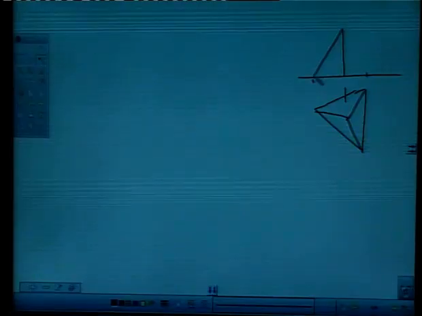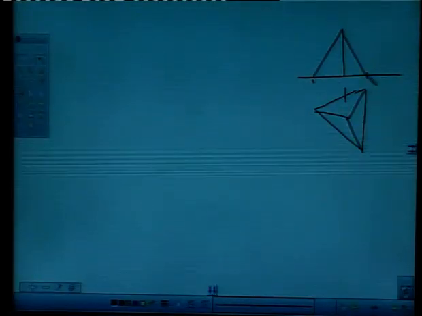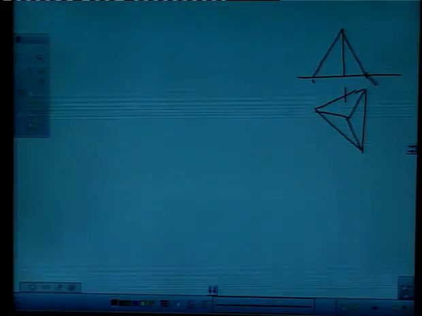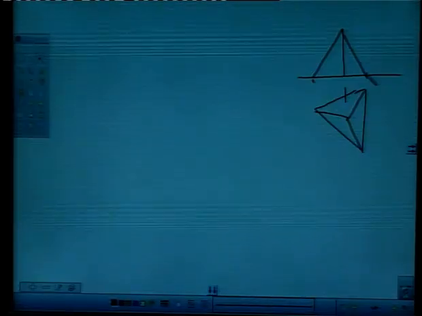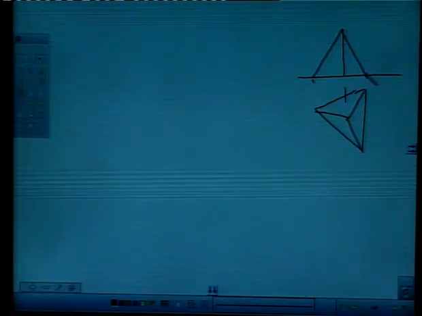Right? Say its elevation is like this. Right. So you have to draw its isometric projection.